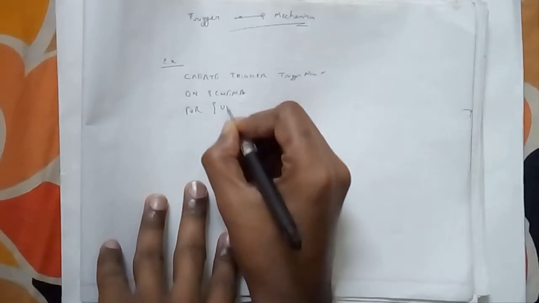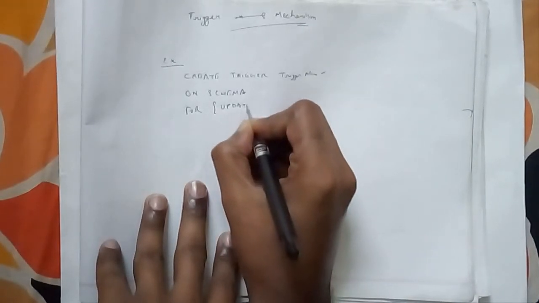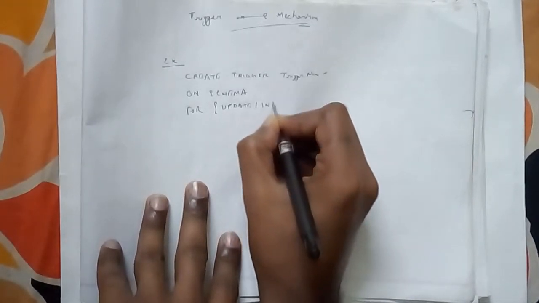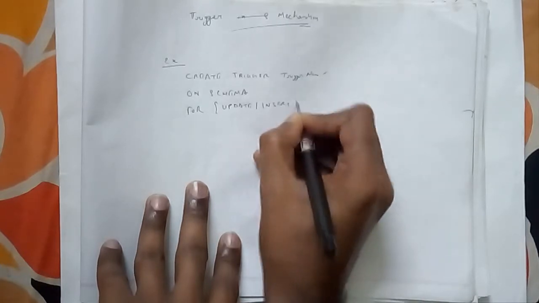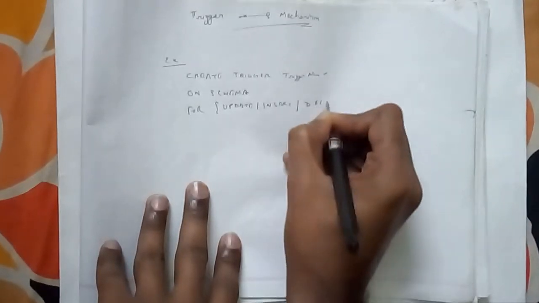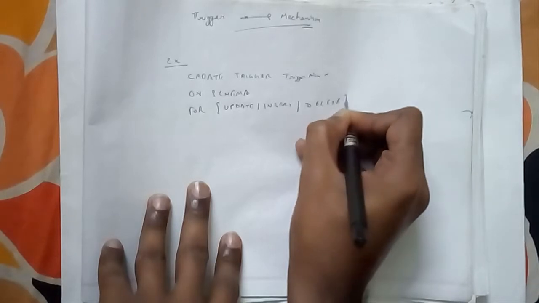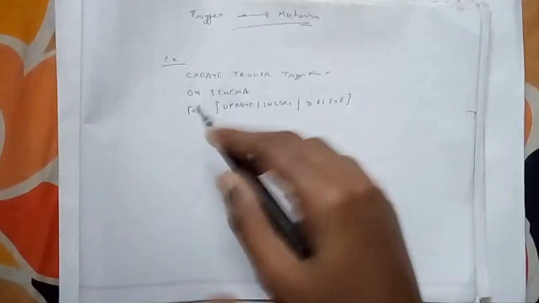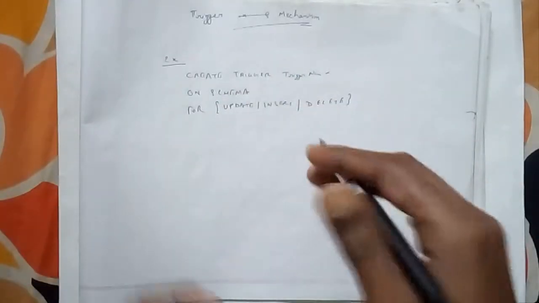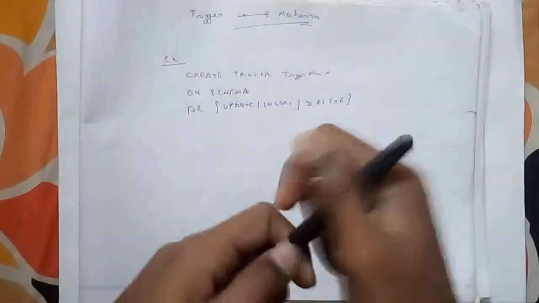Like update, insert, or delete. So basically this is your example for a trigger. I don't think it is that efficient to give this example.